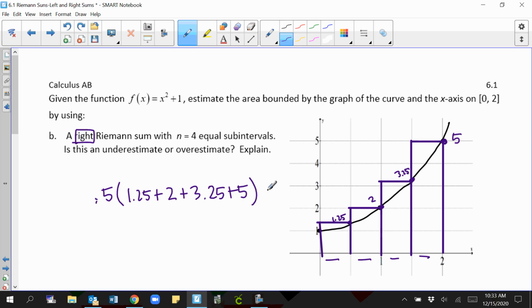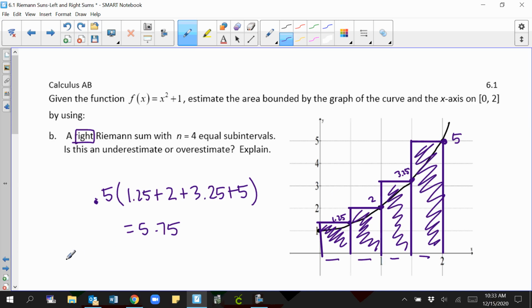So once I add all those together and multiply them by my 0.5 out here, I end up with 5.75. And because our rectangles are going over our curve, this is going to be an overestimate. So an overestimate because the rectangles go over the curve.